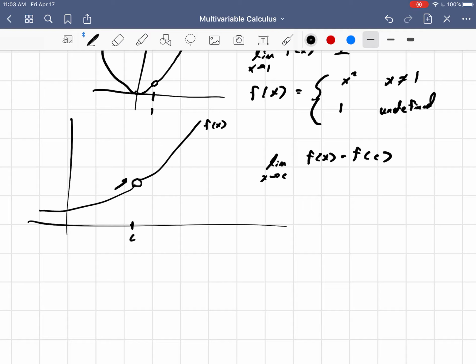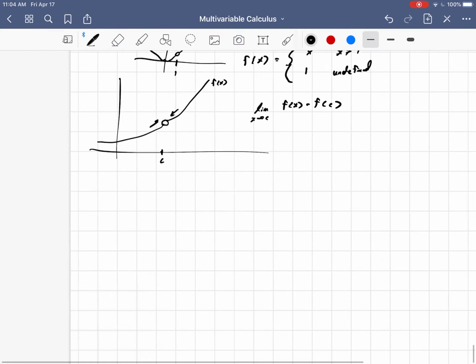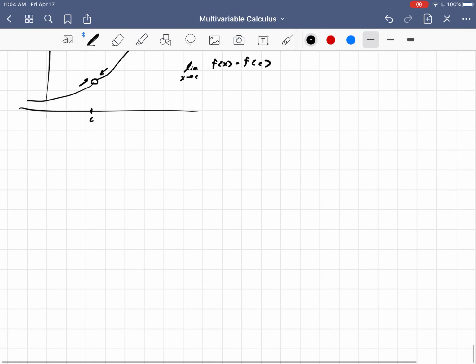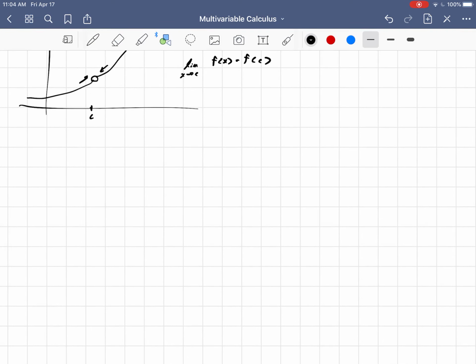Then we would say in general that the limit as x approaches c of this curve f of x is still just f of c. Because now I know it's not defined at f of c, but as you approach c, the function approaches f of c. And this is all the limit is concerned about: what does my function approach, not what it actually is at that value. What does it approach?